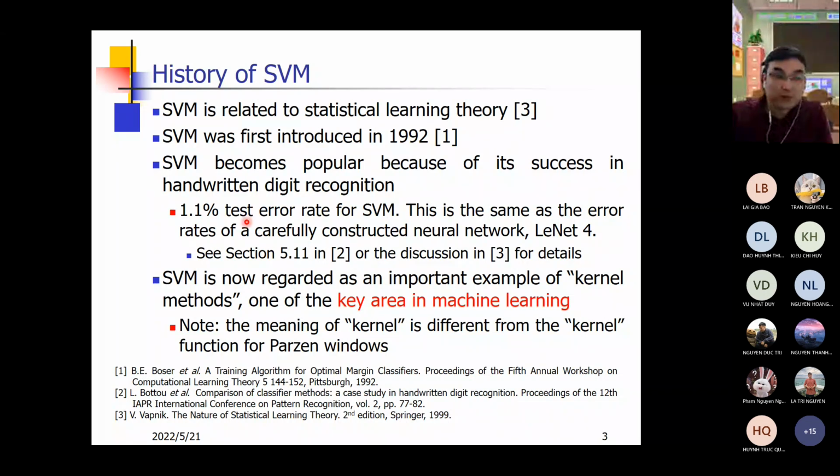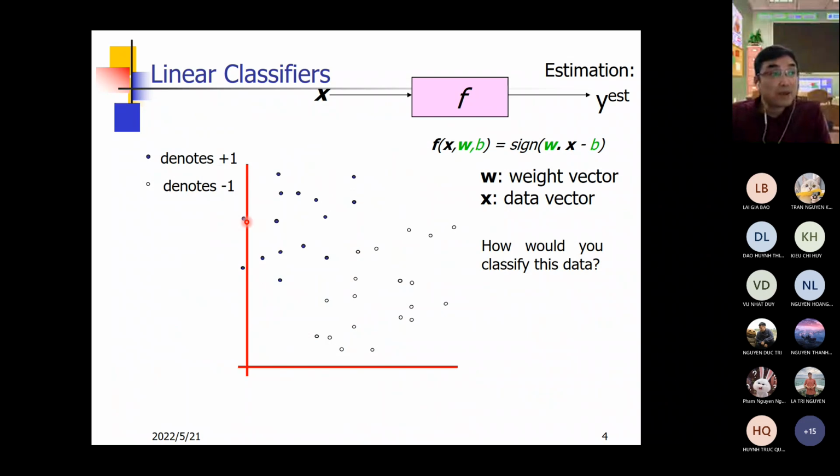So let's go to the problem of a linear classifier, where we have two classes, +1 and -1 here. So we have -1 here, this class, and here the class of +1. Okay, great. So how can we classify this kind of data using some weight vector and the feature vector that we already know, right?